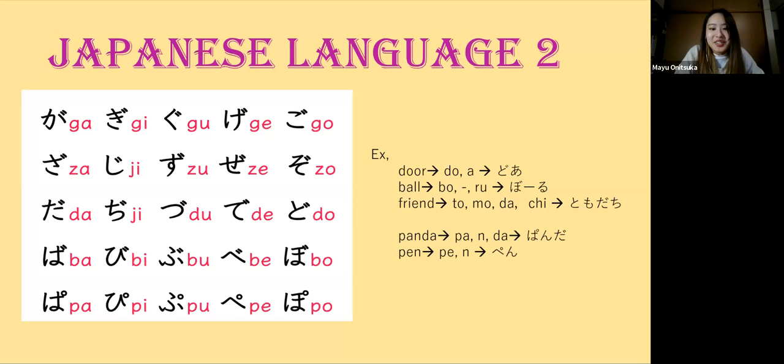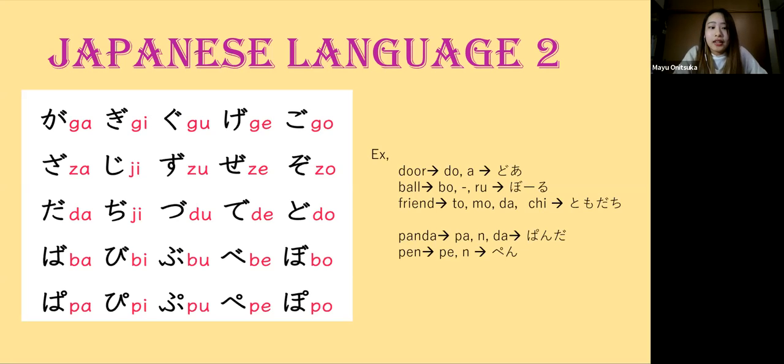Then, in addition to this, we have extra characters, which are Japanese syllables with symbols placed above them. There are two types of marks. A short double line mark represents a voiced sound, like ga, za, da, ba. It's called dakuon in Japanese. And a circle mark represents the P sound, like pa, pi, pu, pe, po.